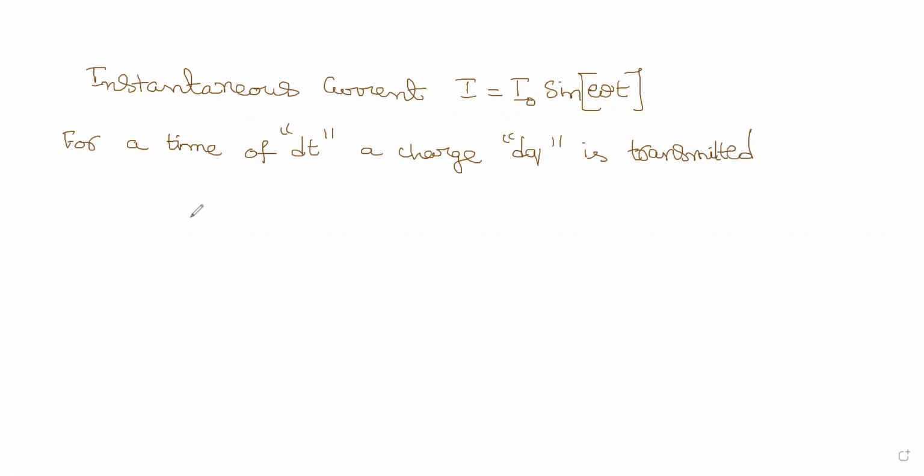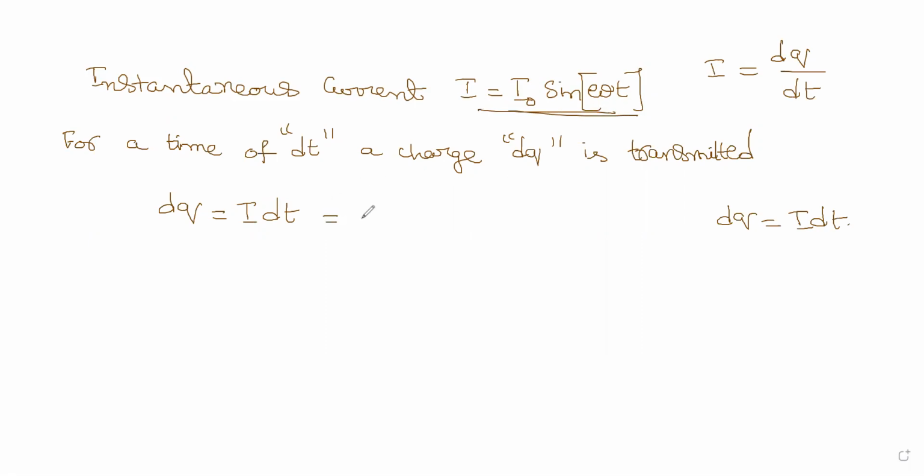So I can write dq as I dt. We know that I is equal to dq by dt, it's the rate of flow of charge. So I can write dq as I dt. But we know I is I naught sine omega t. Let's substitute that, it becomes I naught sine omega t dt.